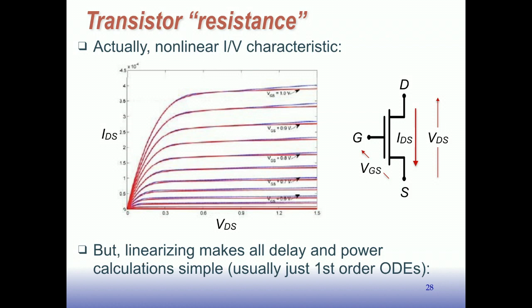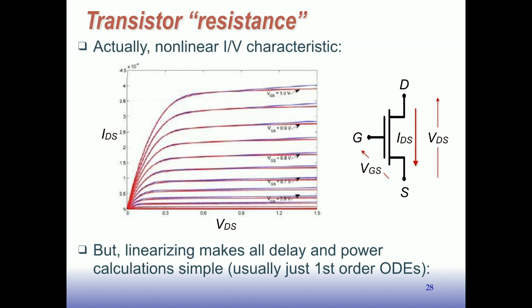If you really care and you want to simulate a real device without building it, you can use something like SPICE. SPICE is a circuit simulator that models transistors this way. It actually has either an empirical model or an analytical model that captures this nonlinearity.